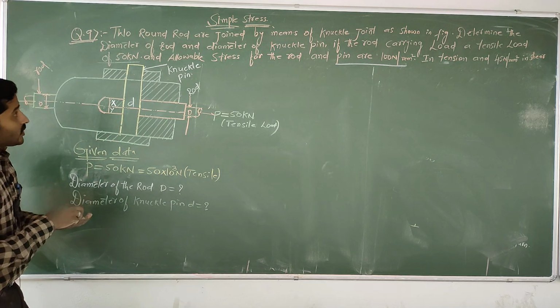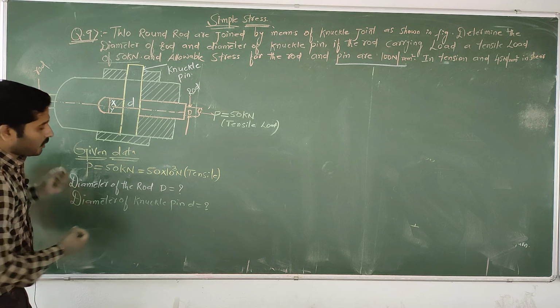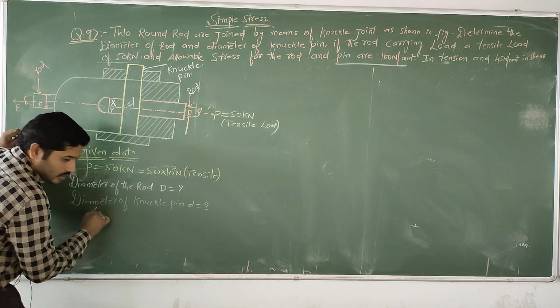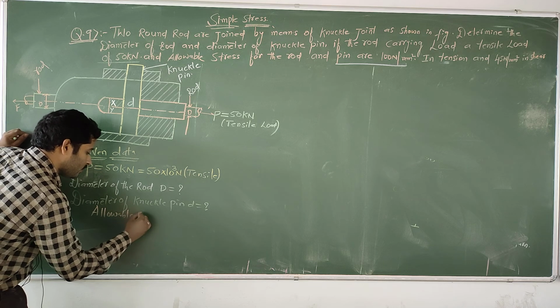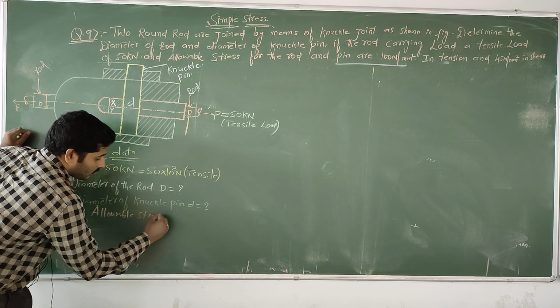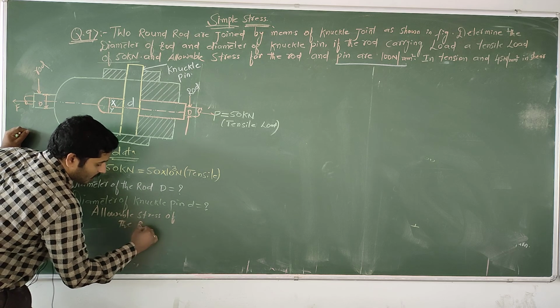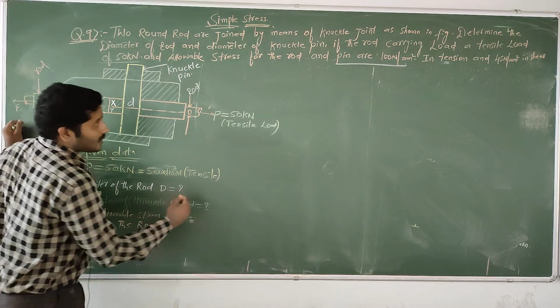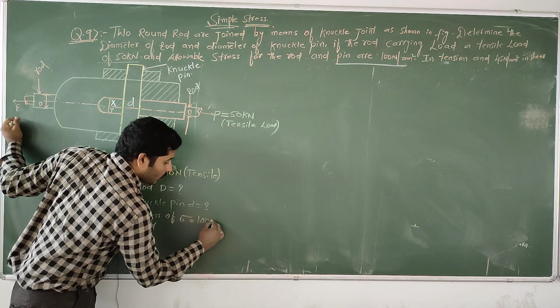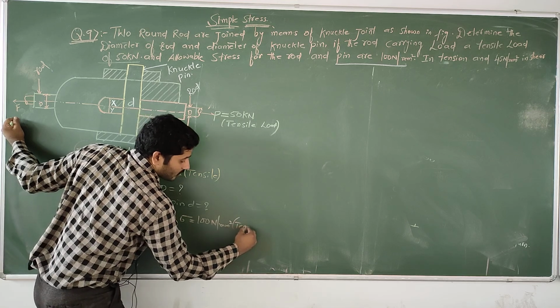Okay, dear. As well as here, the allowable stress of the rod. How much is given? Sigma equal to 100 Newton per mm square. So what is the nature?